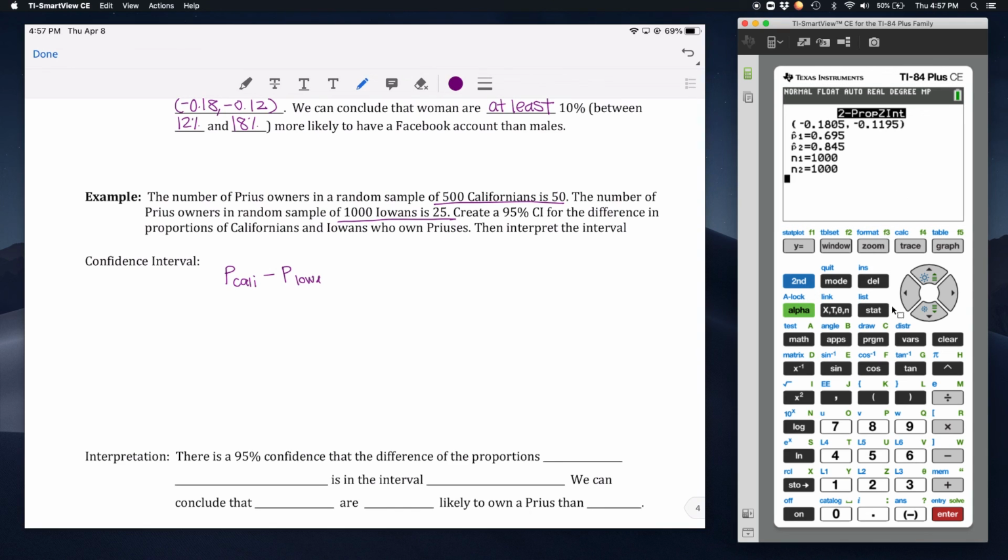Okay, so stat, go right to your tests. We're going to go to your 2 prop Z interval. So we're going to start with California. So 50 out of 500 versus Iowa is 25 out of 1,000. Our confidence level is 95%, so we're doing 0.95. Always a good idea to write down what your inputs were, right? This is you showing your work.